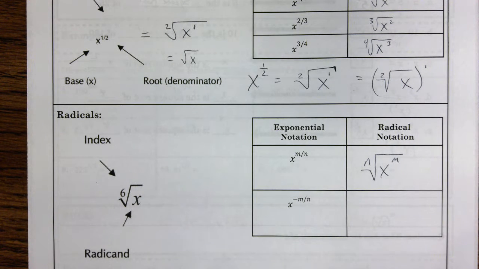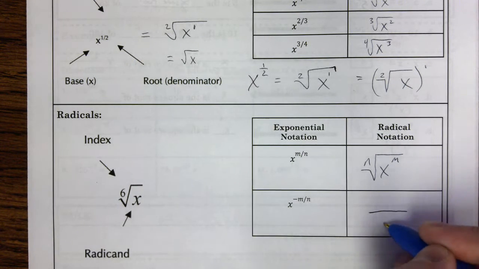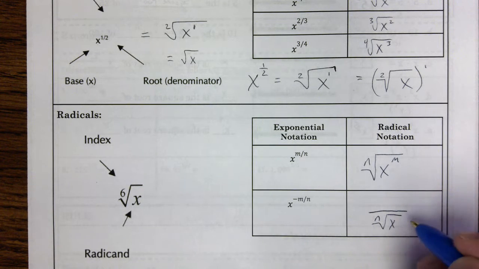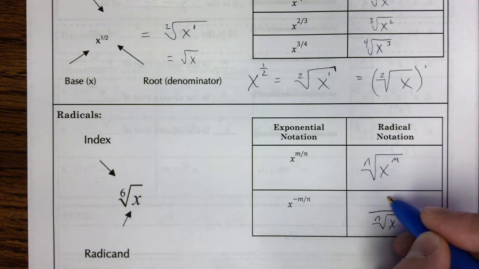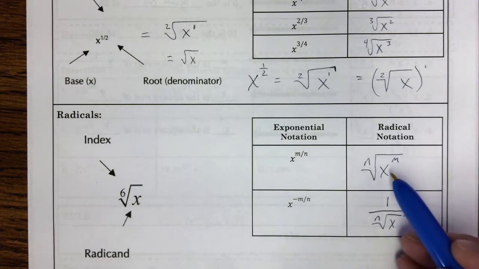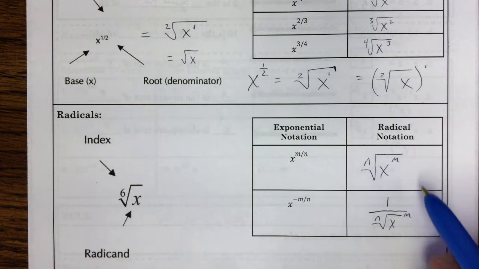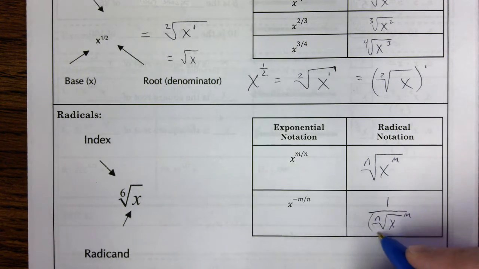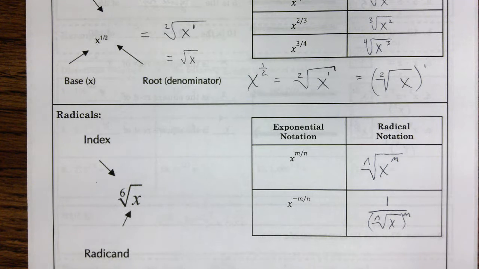Well, what does the negative do? Let's think. It changes the location. So it means that my answer is occurring on the bottom. X is the base, the denominator is the root, and m is the power. And if there's nothing left, there's a 1 in the numerator. Notice how in this case, I put the m underneath the radical. In this case, I put the m after the radical, and they are equally correct.